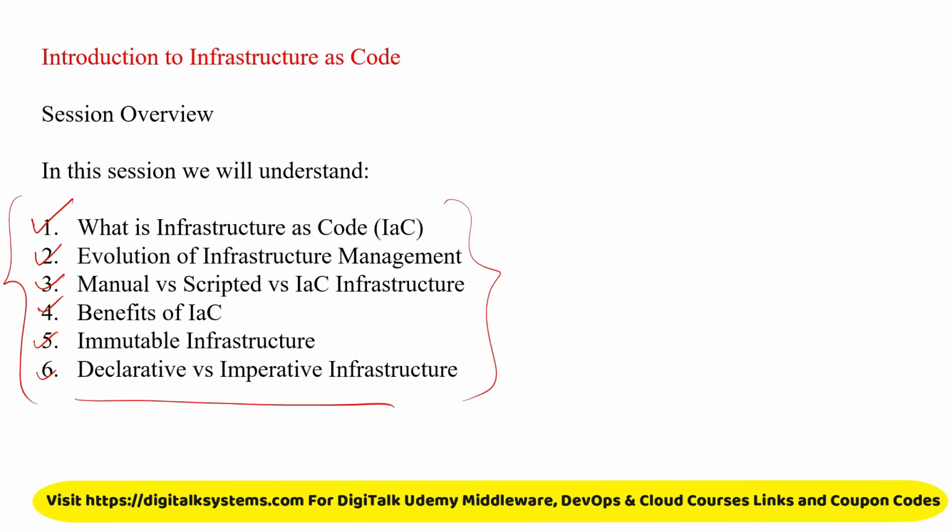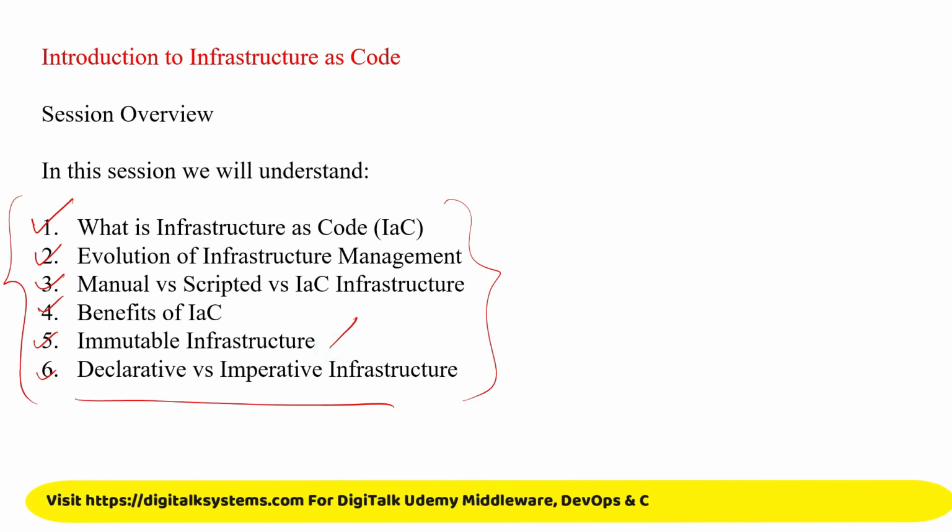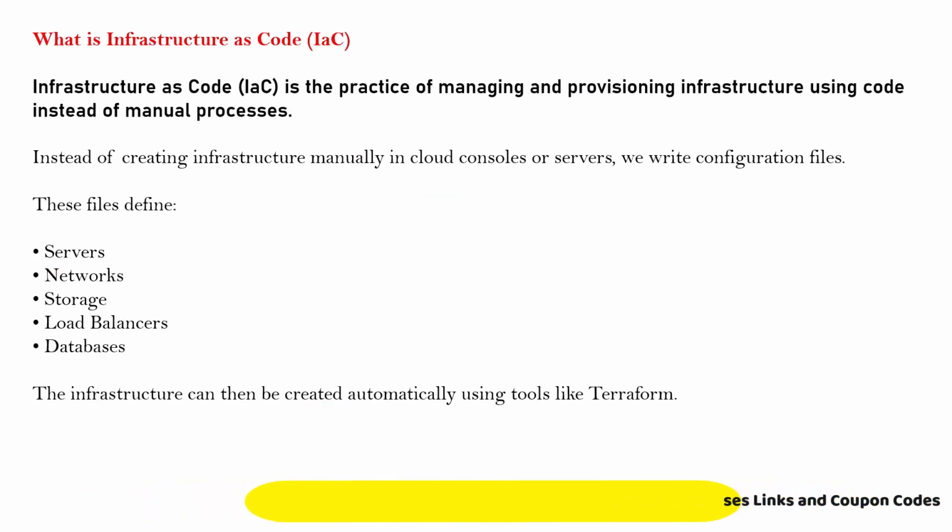If you are going to give any interview, there are a lot of questions on what is mutable and immutable infrastructure, why we use it, what the different use cases are when we use these kinds of approaches, what declarative and imperative infrastructure is, and what approach is followed by Terraform. So it is very important to understand all these concepts.